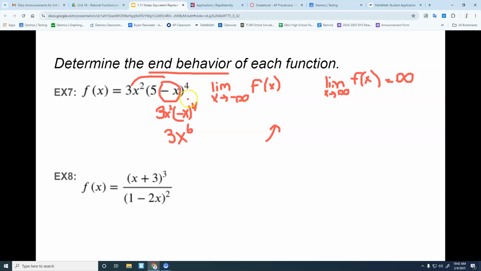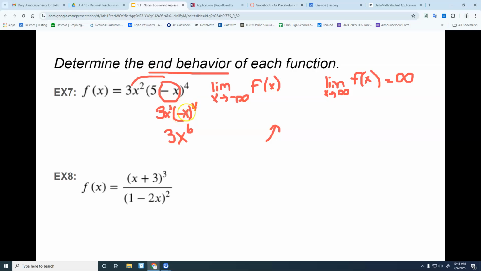Yes? Whenever you raise a negative to the 4th power, it's going to become a positive. Because when you do negative times negative, we get a positive. Then negative again will turn back negative, but the last negative will make it back positive. Why do you keep the 4 there? Doesn't the 4 go away?